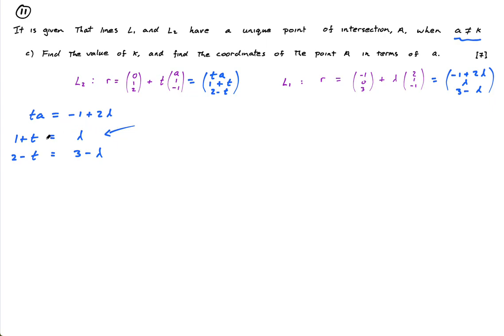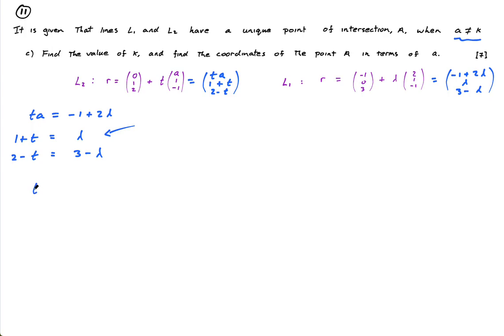Now the problem is I'd like to go straight to this line, but this won't work because the t's and the lambdas will just cancel each other out, and I want it in terms of a anyway, so I'm going to have to go into this line here. So I'm going to substitute this lambda, 1 plus t, into here.